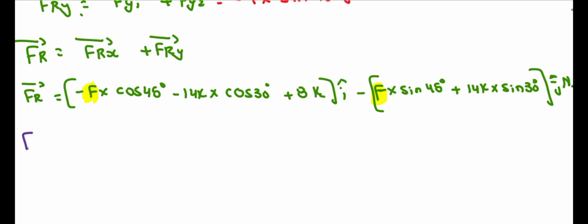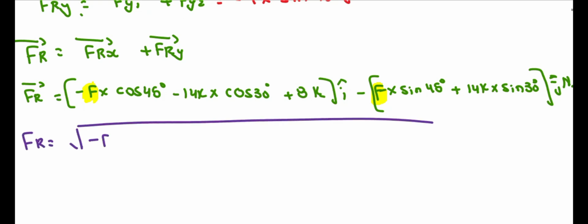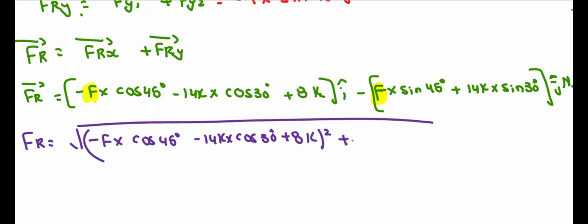This formula says that FR is equal to the square root of (negative F cos 45 degrees, negative 14 kilo cos 30 degrees, plus 8 kilo) whole squared, plus (negative F sine 45 degrees ... remember this thing, this negative sign is only attached with F sine 45 degrees.